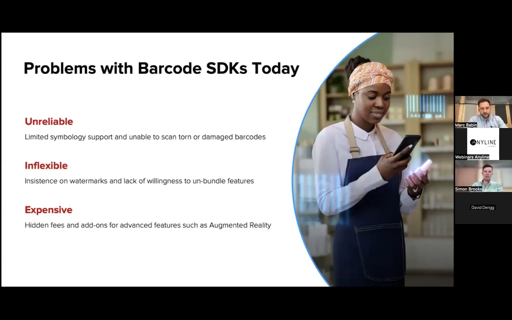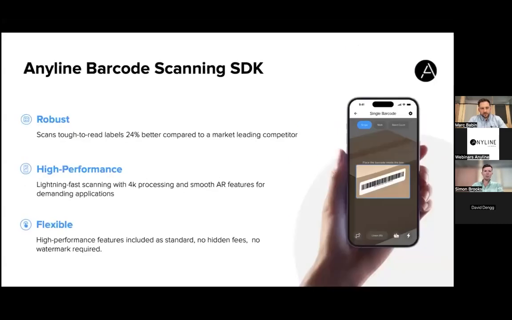So as you see, with this launch, Anyline wants to address those issues in terms of robustness. That's something we pride ourselves on across all of our modules, whether it's barcode or AI. In fact, we've tested against leading competitors, and in those tests on tough to read labels, we are up to 24% better in reading those labels than that leading competitor.